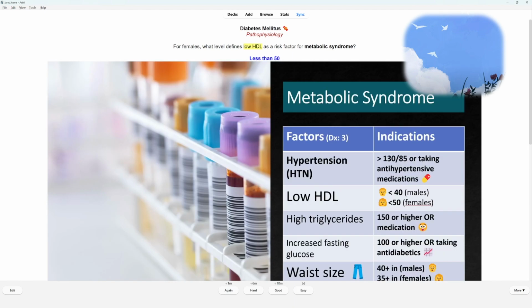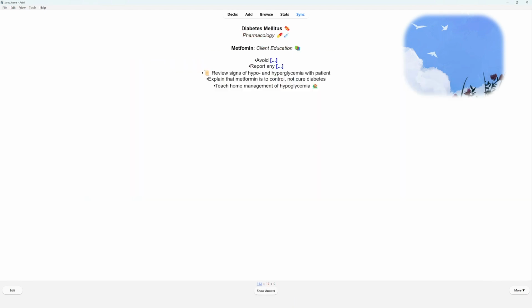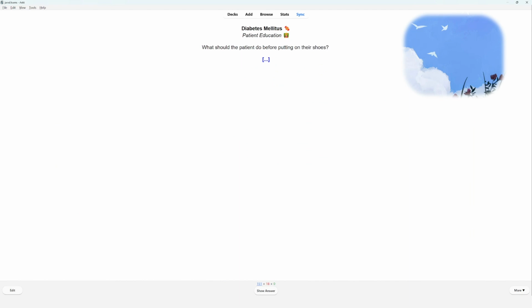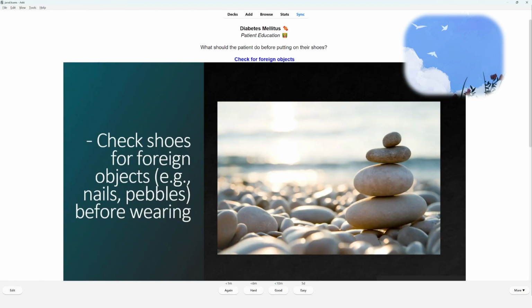Low HDL is less than 50. Okay. Metformin. We're going to avoid alcohol and report any signs and symptoms of lactic acidosis and stop that medication. What should the patient do before putting on their shoes? Check for any foreign objects.